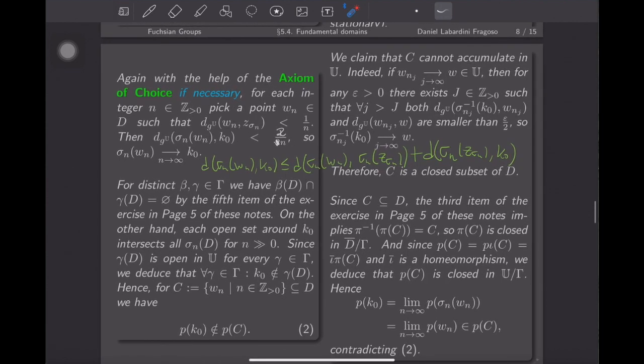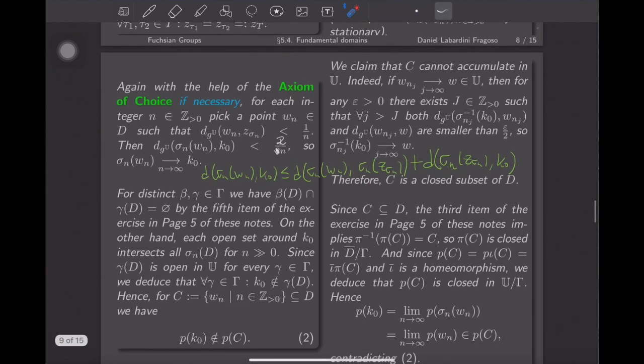So with some effort, I arrive at a point which does not belong to P of C. And now I'm going to start the road to show that it has to belong to P of C, and this will be my contradiction.